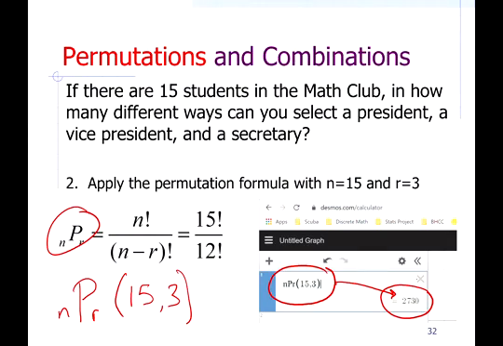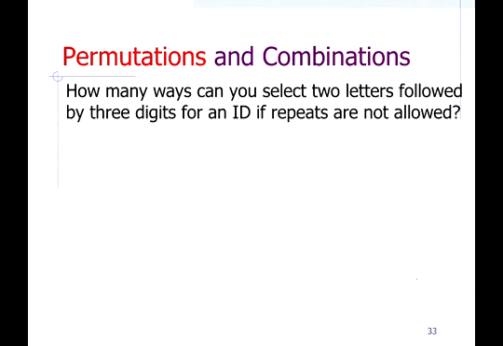So, recap. Permutations, you're picking a small group from a larger group. No repeats, order matters. And we could also combine the permutation rule and the fundamental counting principle. So, for example, in how many ways can you select 2 letters followed by 3 digits?